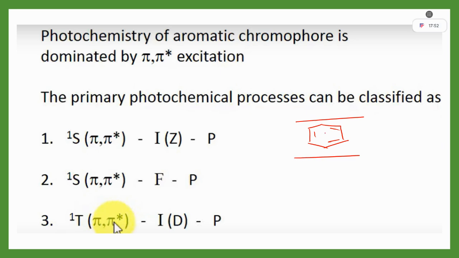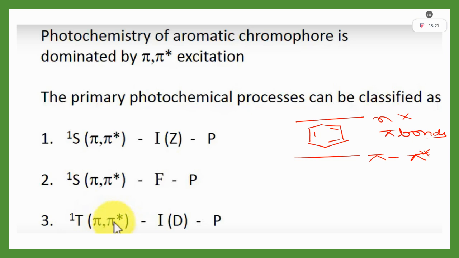Since benzene has only pi bonds, right? None of the atoms have a lone pair, so no possibility of n. The only possibility you can see here is pi to pi star. Yes or no? So, whenever you are dealing with aromatic compounds such as benzene, the most possible transition that can occur is pi to pi star.